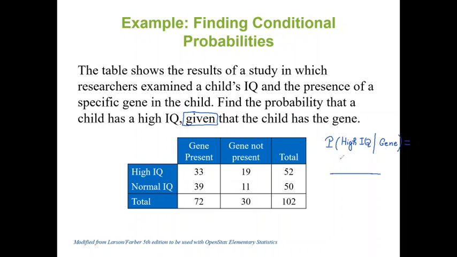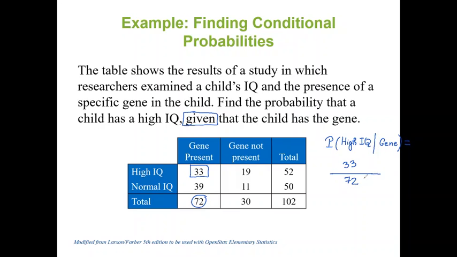On the top, we are looking for this information, which is the high IQ and the gene present, which is 33. And on the bottom, we are not looking at the grand total because we have a condition right here. We have to look at only this column, the gene present, which is 72.